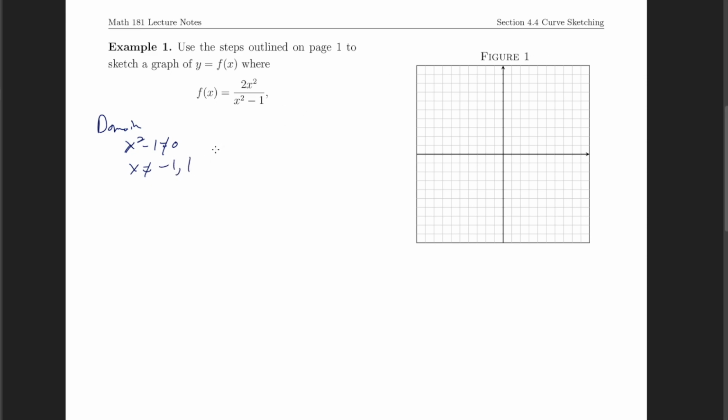And so here we're going to say our domain is from minus infinity to negative 1, union from negative 1 to 1, union from 1 to infinity. Okay, and so here we're actually going to have these little asymptotic lines that exist at both negative 1 and 1. So let's go ahead and draw those in.